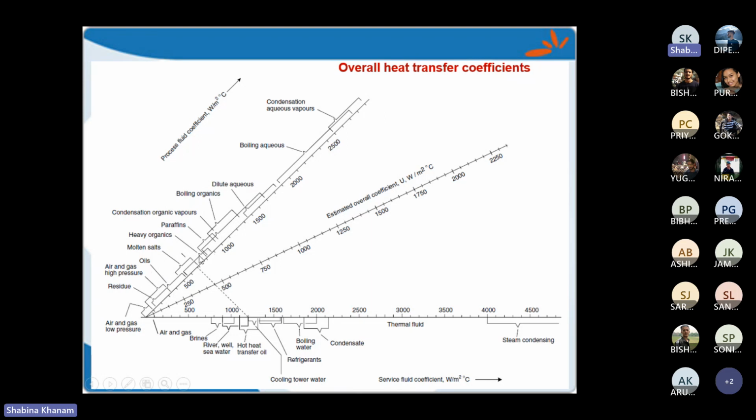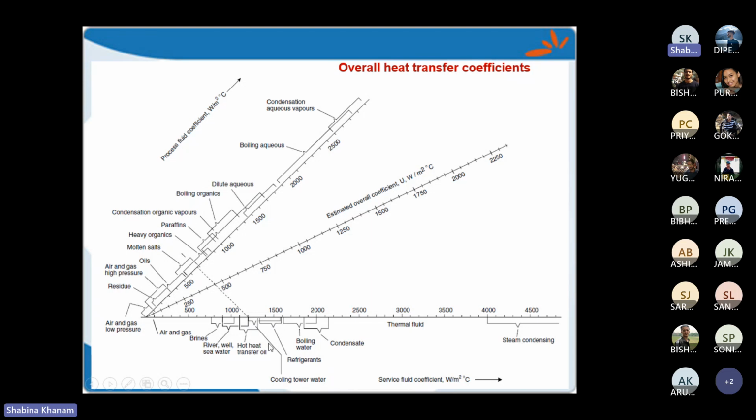This is the whole range of the coefficient variation. So this is the heavy organic. For the cold or service fluid, let's say cooling tower water, it is moving from here to here. Just for example I'm taking cooling tower water, which is varying from this to this.